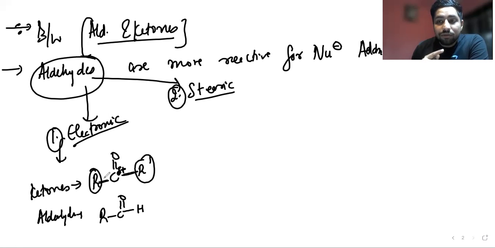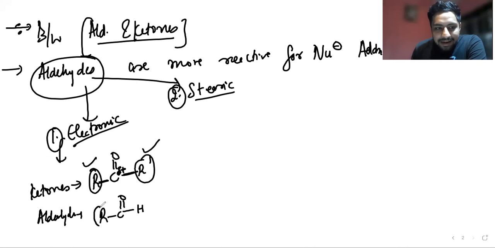Now this R group has a plus I effect, meaning it is pushing its electrons towards the carbon, which means the electron deficiency on the carbon in ketones is less. Why? Because there are two alkyl groups with plus I effect present in ketones.